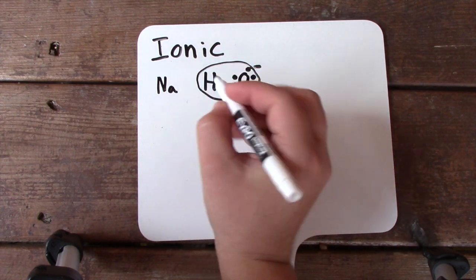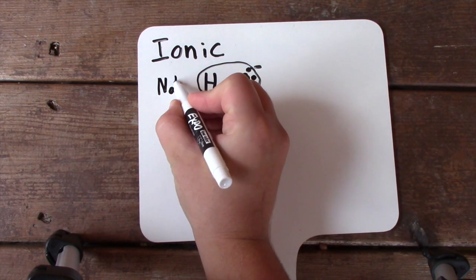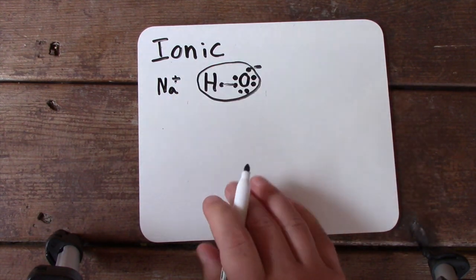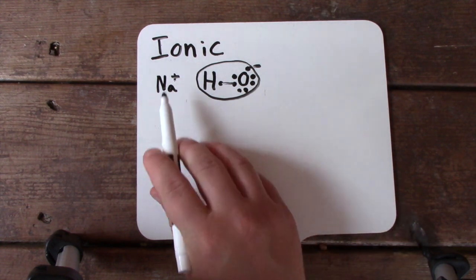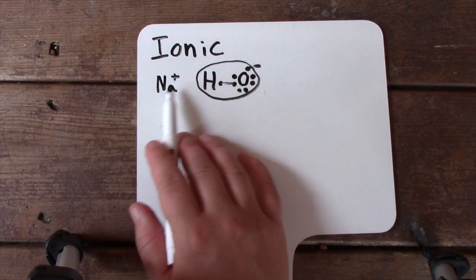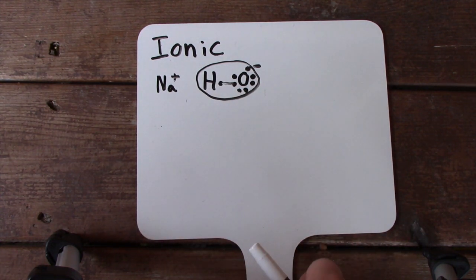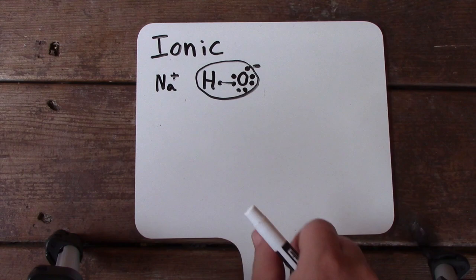Now, sodium is missing an electron, so it has a positive charge because it's got 1 more proton than electron. And the positive and negative charges attract each other. And so these 2 groups stay together, and that is what keeps the molecule together. This is an ionic bond.